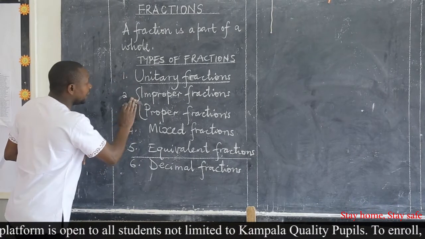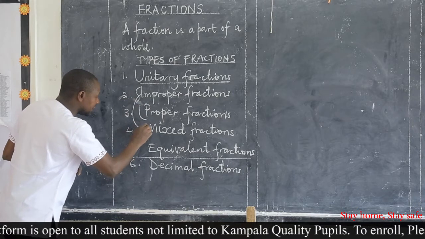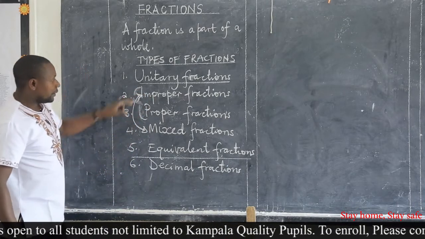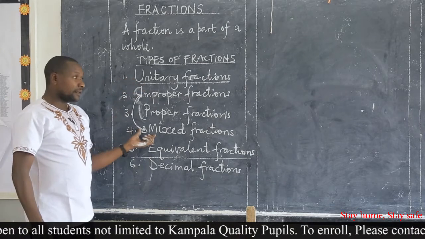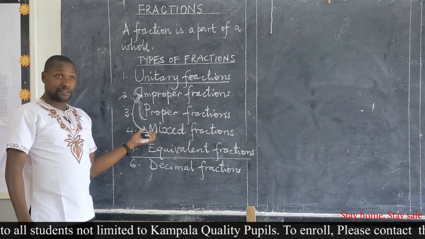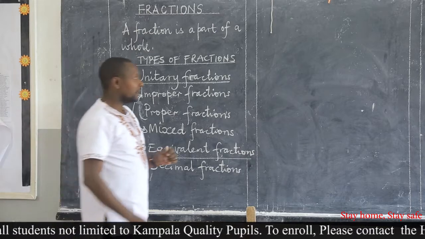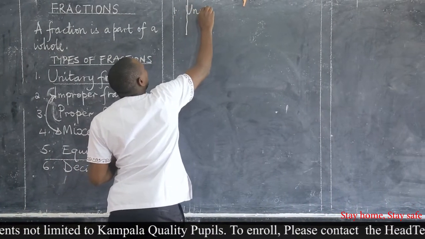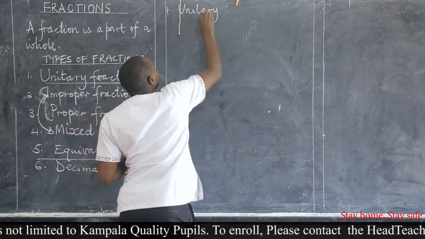Sorry, it will be improper and mixed. These two, we shall move with these two, improper and mixed, because that is the way they are related. That's why I want to take them at once. If I go to unitary fractions, members look here. Unitary fractions.